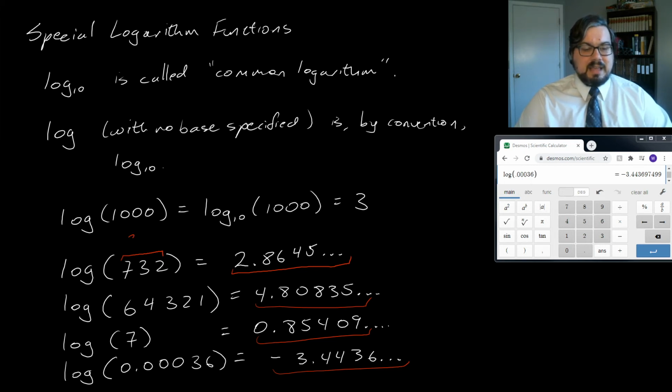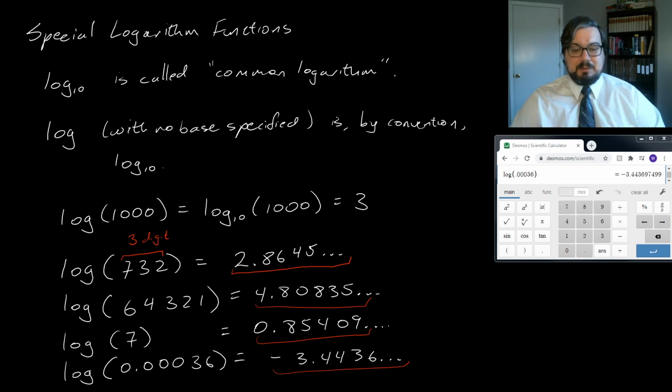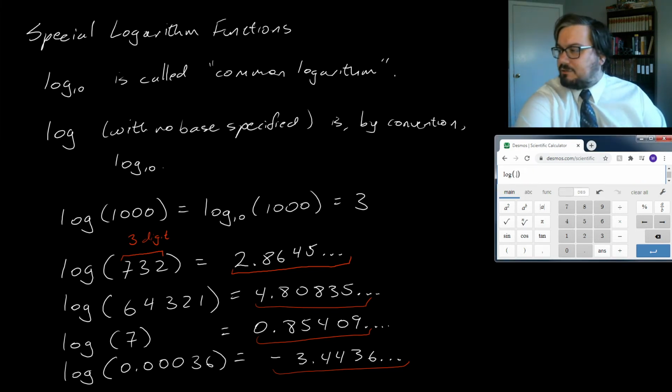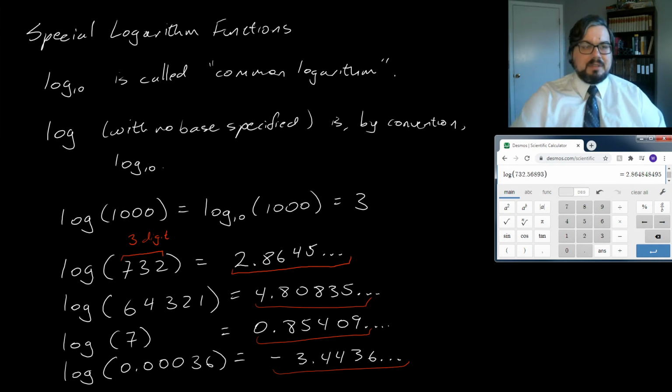So in this case, we have a 3-digit number, discounting any decimal places, which we didn't have here, but wouldn't have changed things much. Let me go ahead and show if we had plugged in 732.5689 blah. That would only have changed the output a tiny bit. And you'll see that the number that we got out of that logarithm is between 2 and 3.